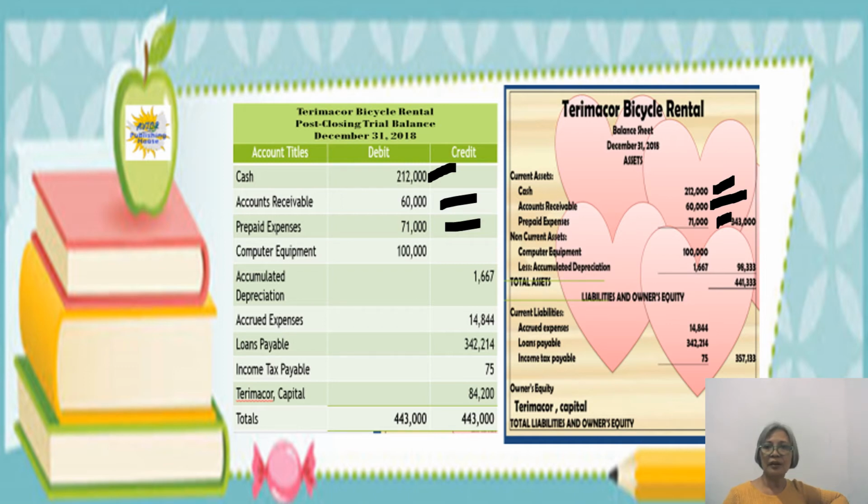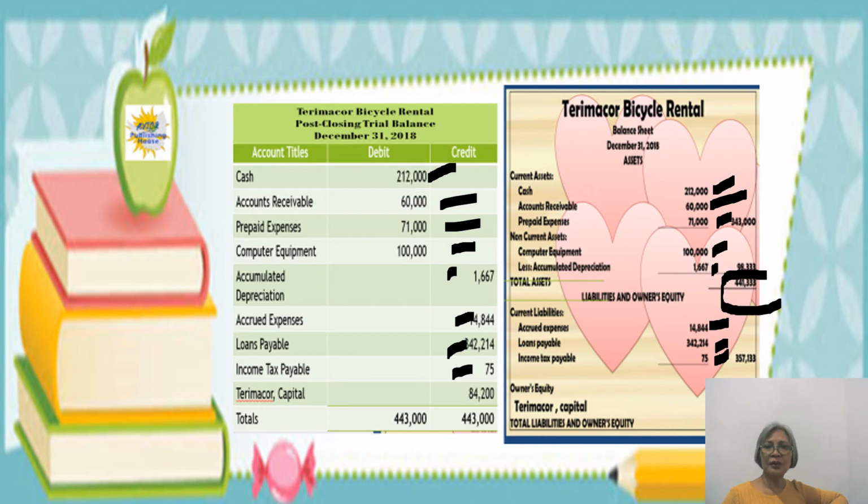So, computer equipment, accumulated depreciation, accrued expense, loans payable, income tax payable. So, we have a different balance here. Do we have the same balance here? No, we have a different balance here.